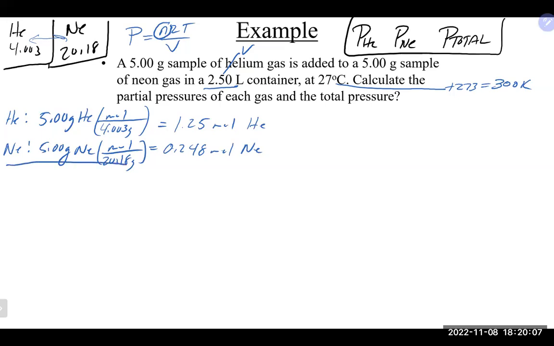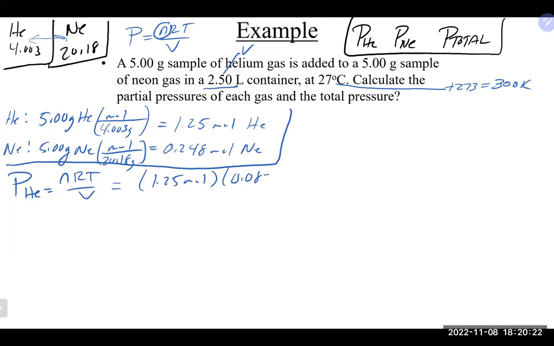So just 2 individual calculations here, starting with helium, which again gives us nRT divided by V. Using the moles of helium, 1.25, our gas constant, 0.08206, and our temperature, 300 Kelvin, all divided by our volume, 2.5 liters.